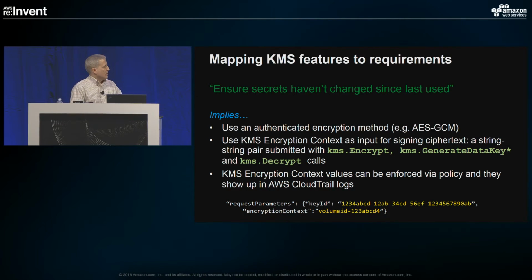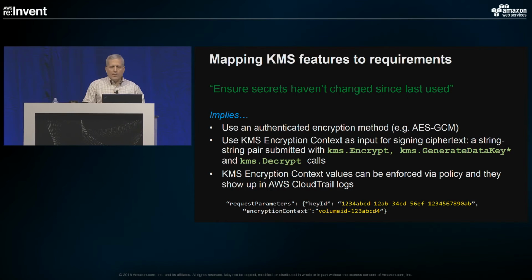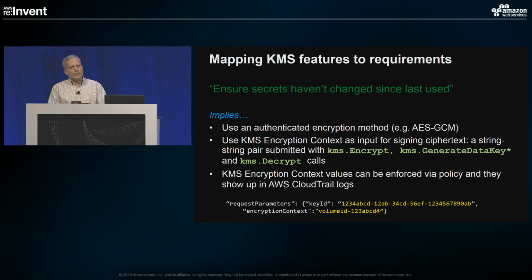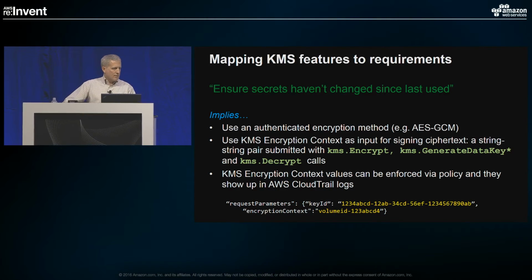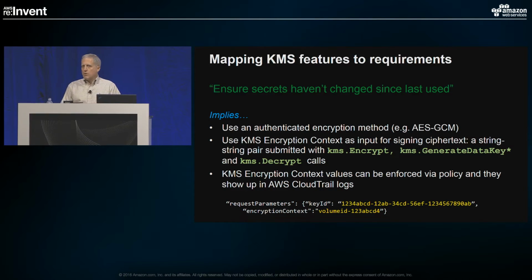The more obvious reason for looking at using encryption context is in CloudTrail logs. So CloudTrail logs is our answer to prove to me that all my keys were used properly in ways that I expect. And what we do by default for all AWS services that integrate with KMS is we insert an encryption context that actually means something.